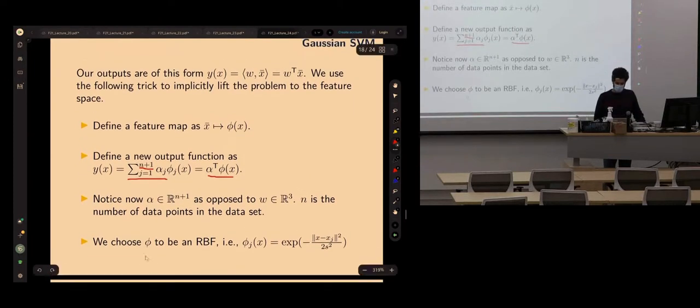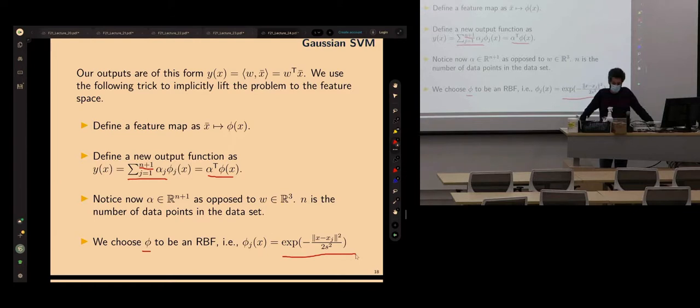So what is phi? You don't need to design a particular feature, although you can. The most common one, and one of the most successful feature maps, is this RBF function. It's also called Gaussian kernel.